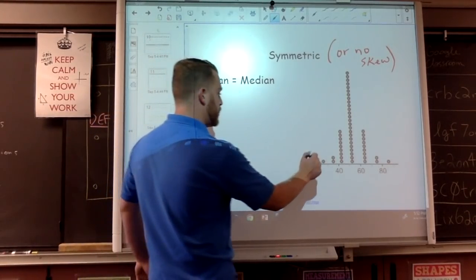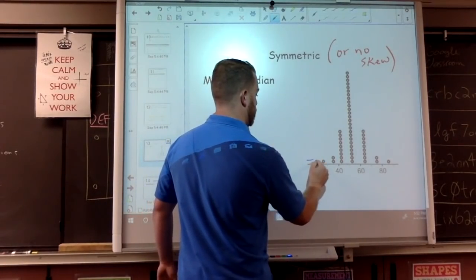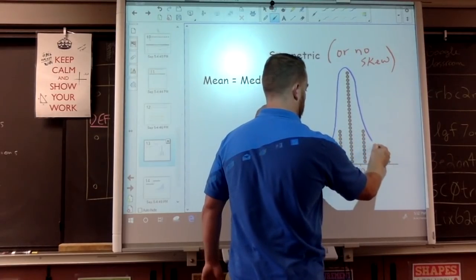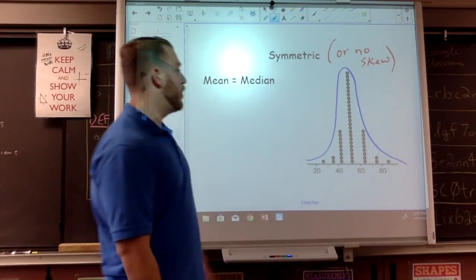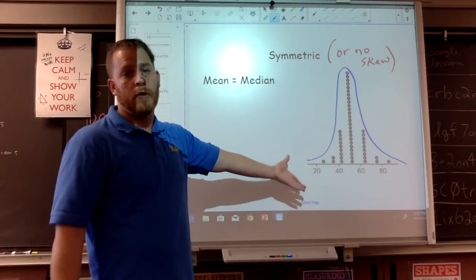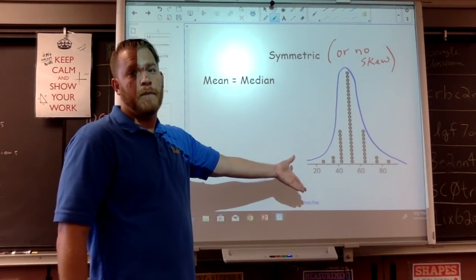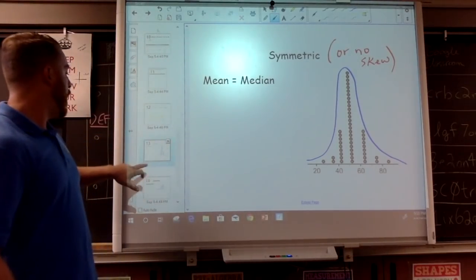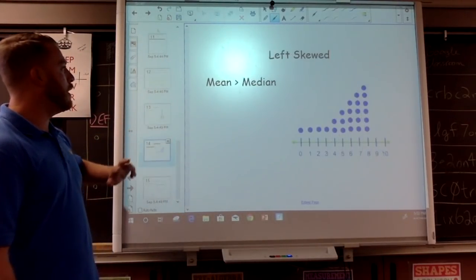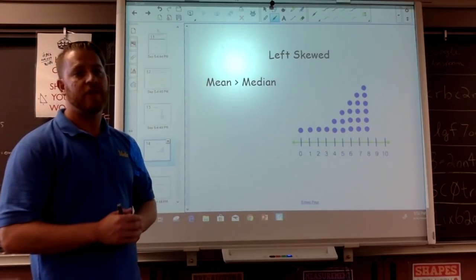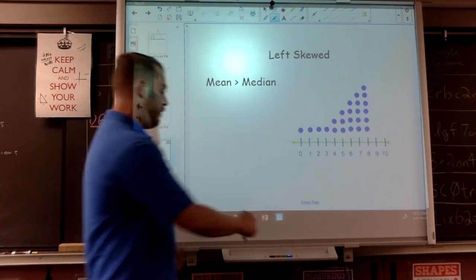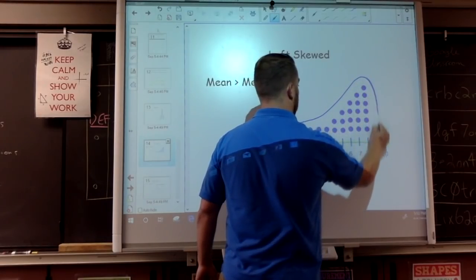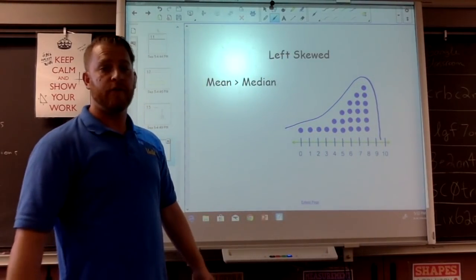Here's what that kind of a dot plot would look like. What we do is we kind of trace it. Notice how it looks pretty symmetrical. It looks pretty normal. That's going to be a symmetric curve. Now that is very different from something that is left skewed. As you can tell, if we were to trace this one, a lot different looking.